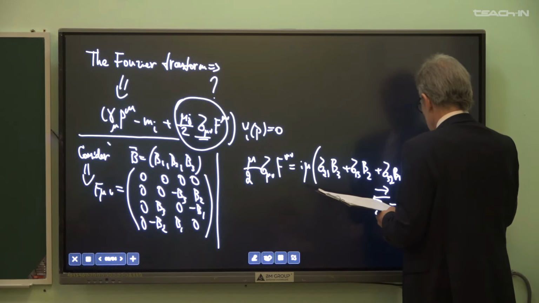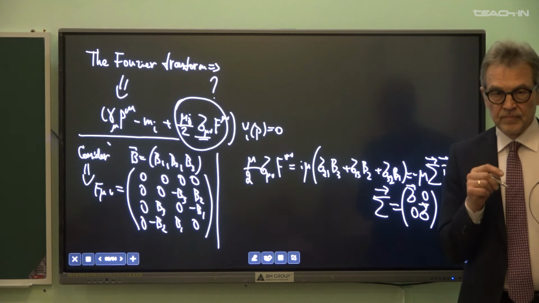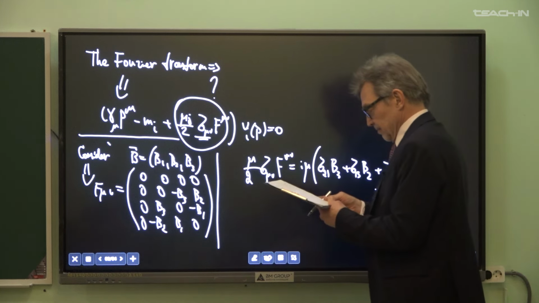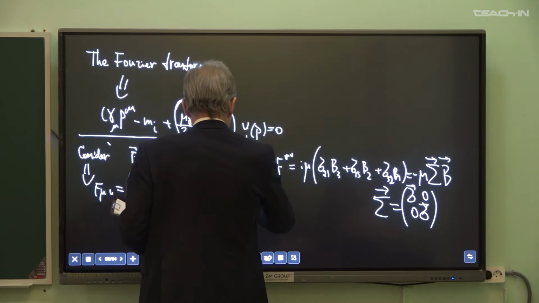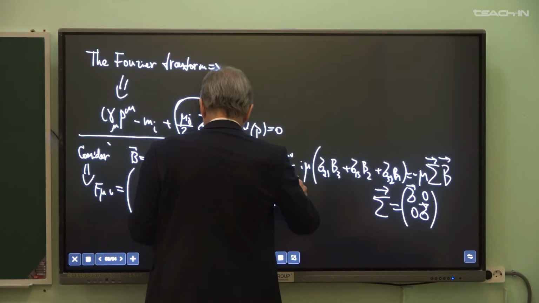Where we use this 4-component matrix. This is just the properties of these gammas, and this is sigma mu nu. I recall the Pauli matrices. So sigma 0 is the unit matrix.